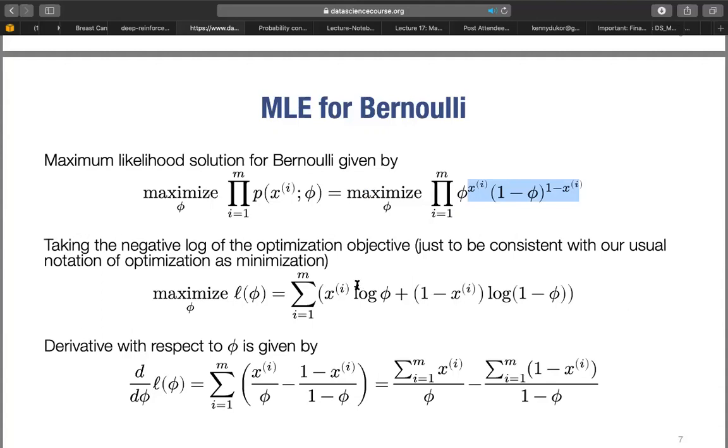So whatever we are doing here results in this: the sum of the product of X and the log of phi, plus the product of 1 minus X times the log of 1 minus phi. So just like we have here, if X is equal to 1, it means that this is going to tend to 0, right?